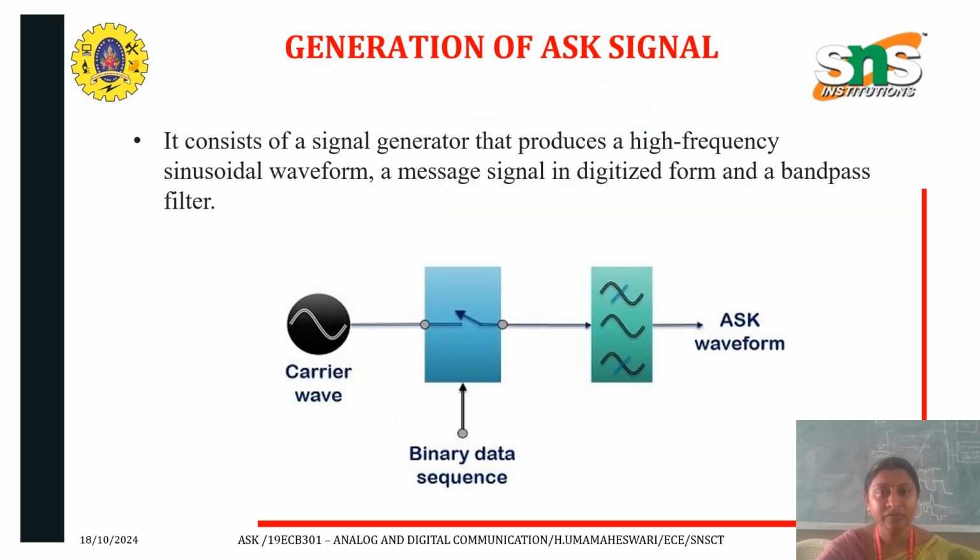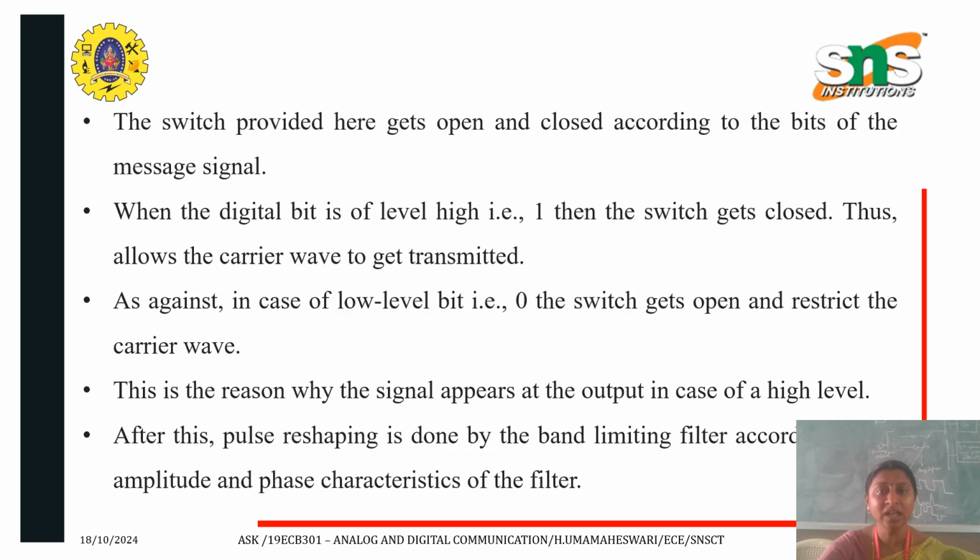The generation of the ASK signal consists of a signal generator that produces a high frequency sinusoidal waveform. The message signal in digitized form goes through a bandpass filter. This is the carrier wave. It is being given to the binary data sequence and then to the ASK waveform. The switch provided here gets opened and closed according to the bits of the message signal.